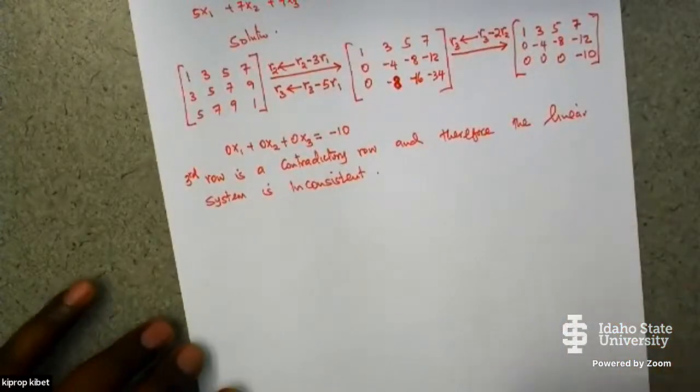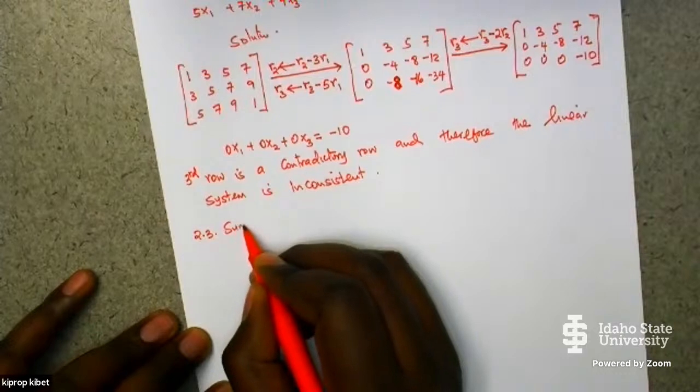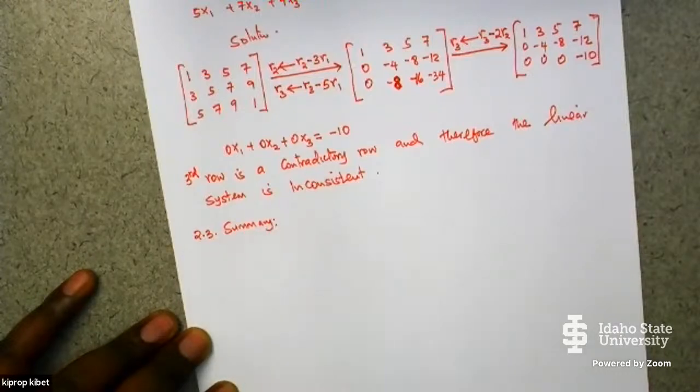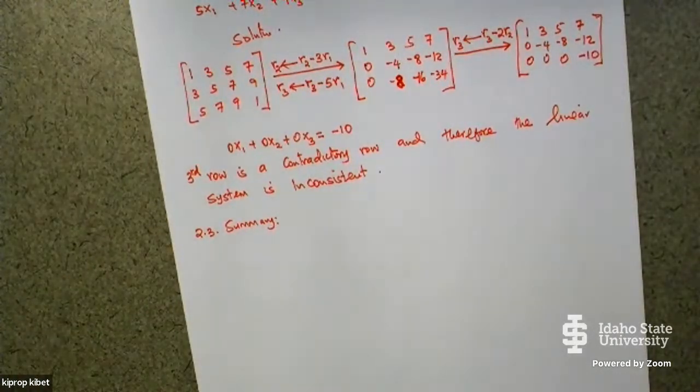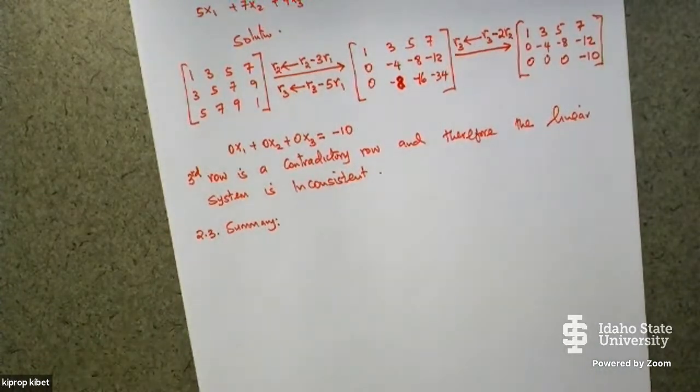Now, what can we see from here? Let's look at the summary. There are three possibilities when you're looking for the solution set.